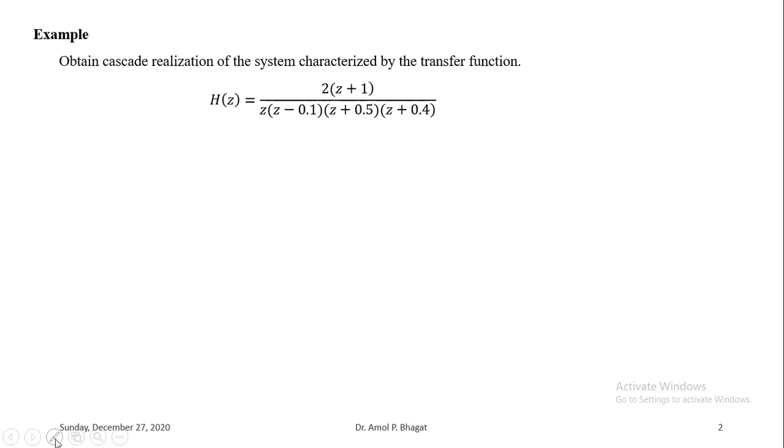So here we have been provided with the transfer function or the system function H of z. We have to obtain the cascade realization for the given system function.